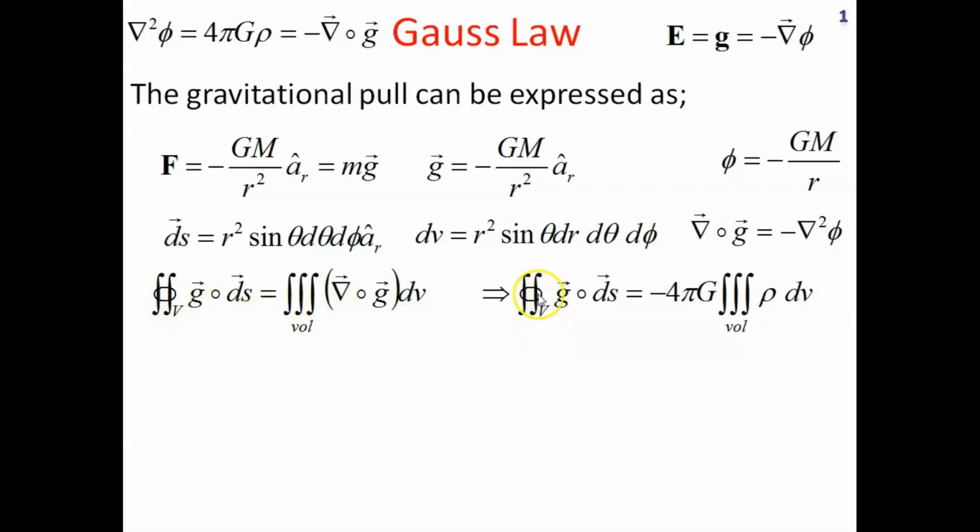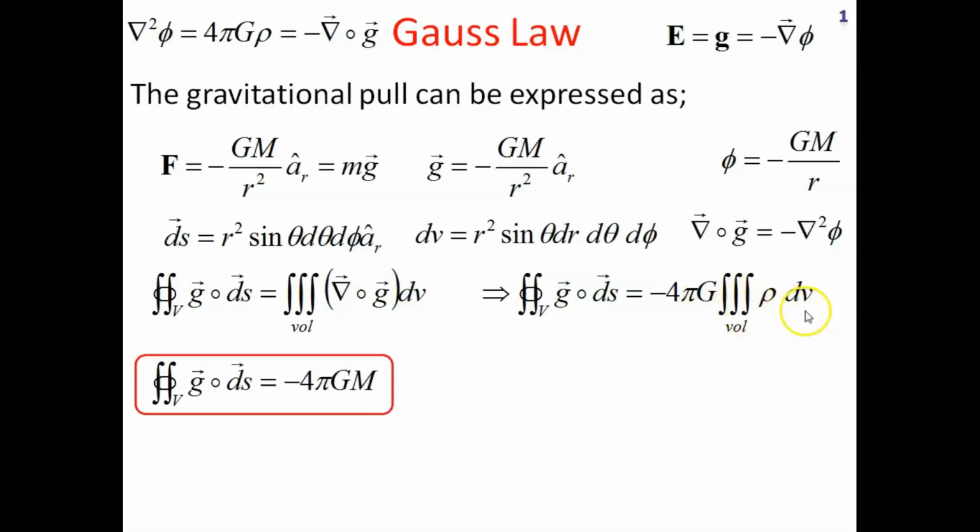Now we have double integration over a closed surface which encloses a volume, and here this is volume integration. Divergence of G we have already calculated, that is equal to minus 4 pi G rho. So we can substitute it there, and that is equal to minus 4 pi G into the volume integration of rho dV. This will represent the complete mass of the system.